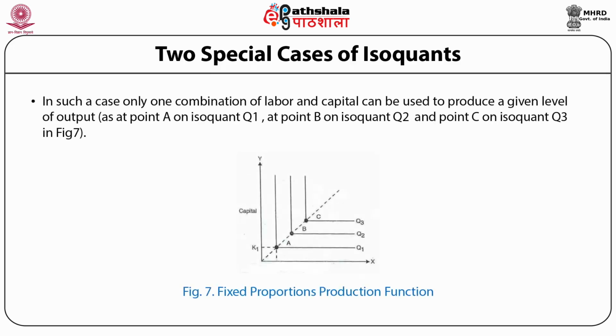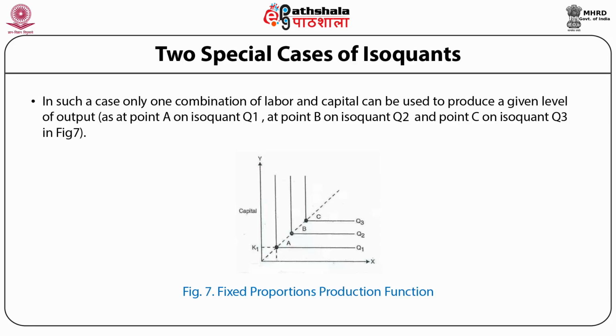In such a case, only one combination of labor and capital can be used to produce a given level of output, as at point A on isoquant Q1, at point B on isoquant Q2 and point C on isoquant Q3. It is shown in figure number 7.